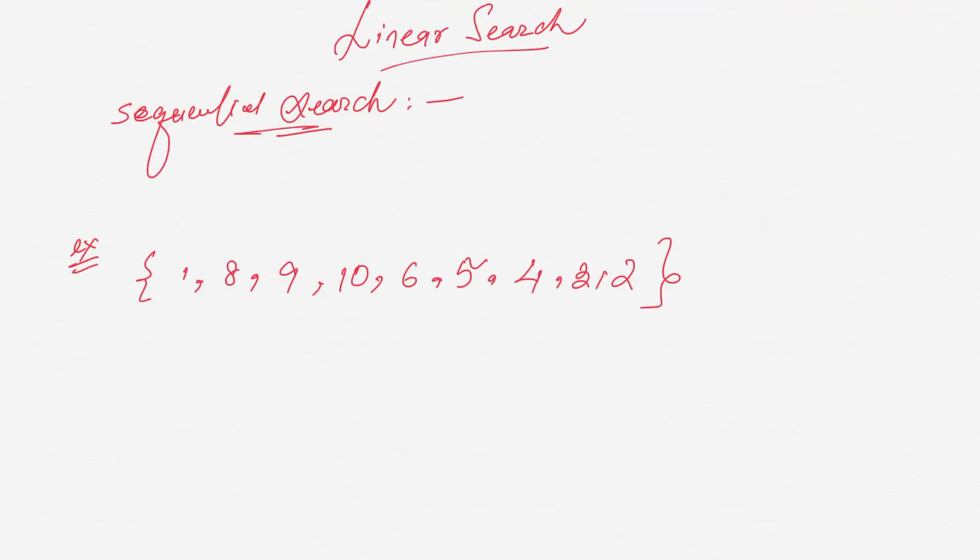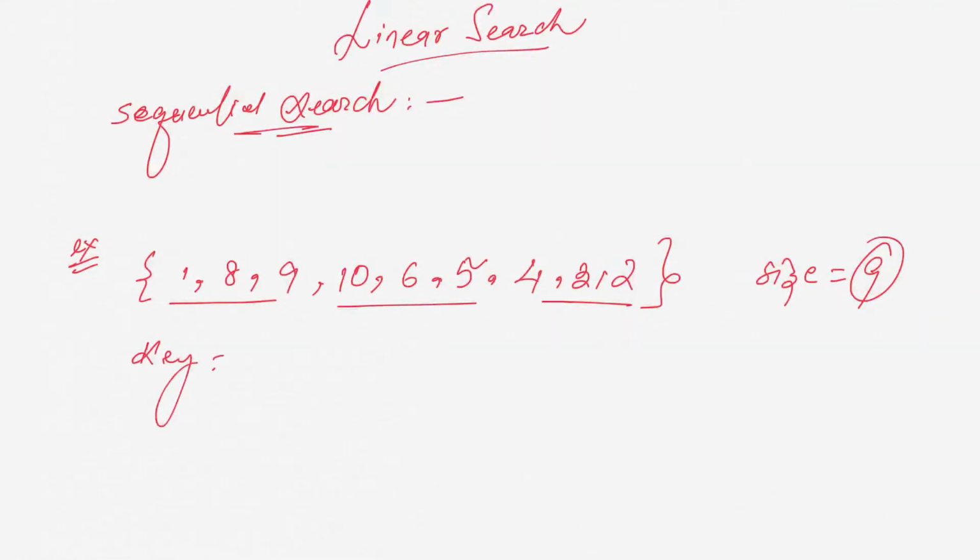How many items are there? The size, if you see, is 9 in total, and the target value, which is the key, is 5. We need to find 5 inside this array.